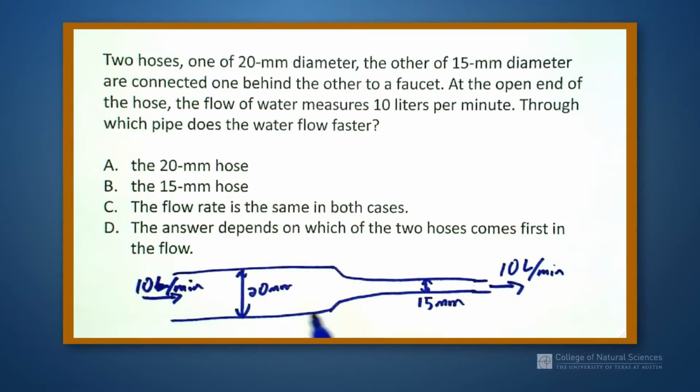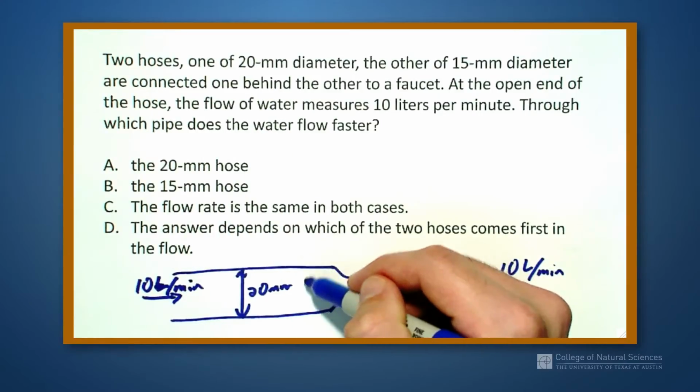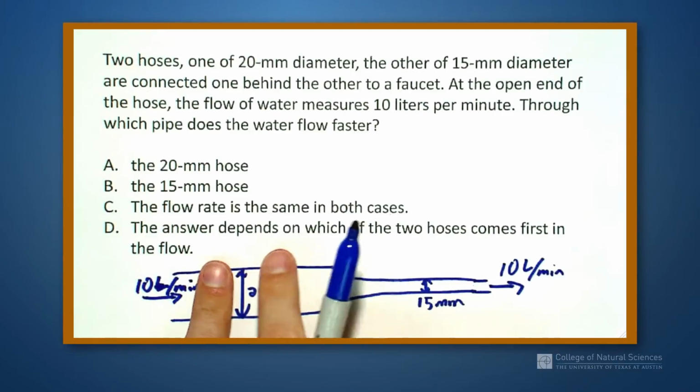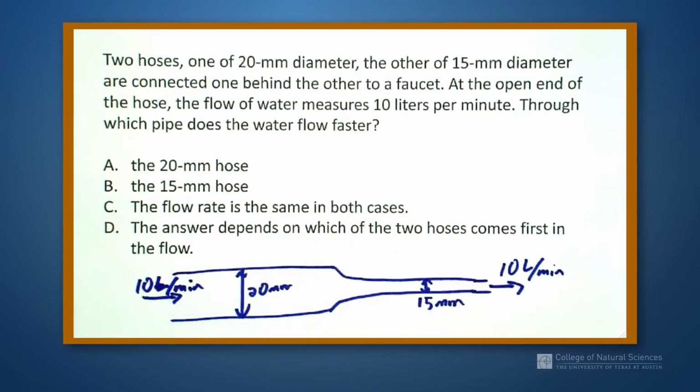If there's 10 liters per minute flowing into it, the amount of volume that can flow through this pipe is a large volume for a small area or a small length. So we're going to invoke the continuity equation that says the same amount of liquid flows through both parts.